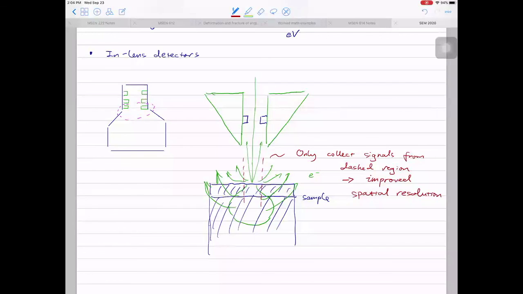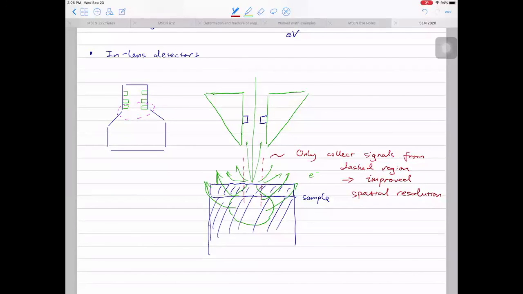When we talk about resolution, there are two things we need to think about. The first is how fine we can tune the beam. The second is, can we reduce the electron beam material interaction volume? By reducing the area where the signals are generated, we're actually improving the spatial resolution.